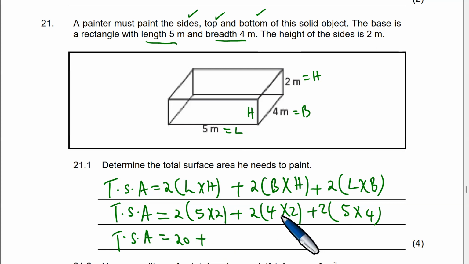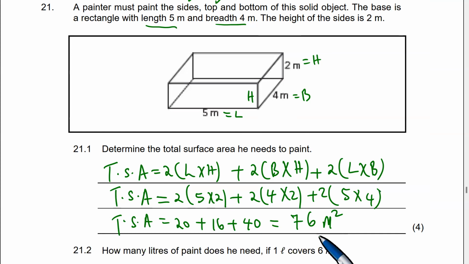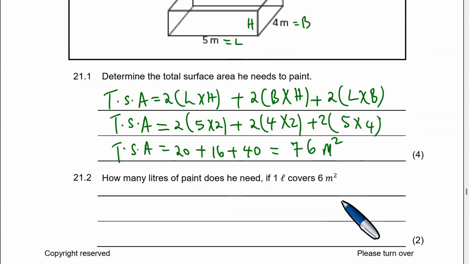Plus 4 by 2 is 8, by 2, 16, plus 5 by 4, 20, by 2, 40. So what is this? This is 60 and then 76. It's 76 square meters. So that is the total surface area.